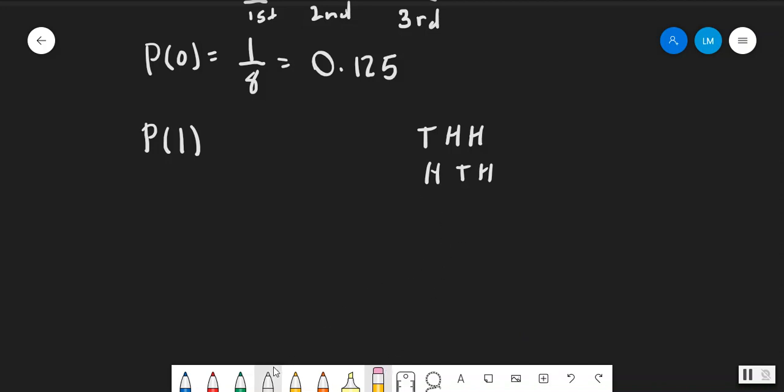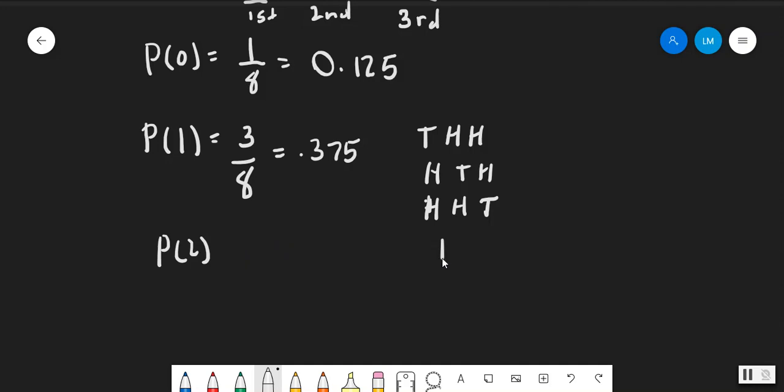Okay, so we also have that there would be heads, heads, and then followed by tails. So what that is, that's 3 possible outcomes out of 8, which gives us 0.375.